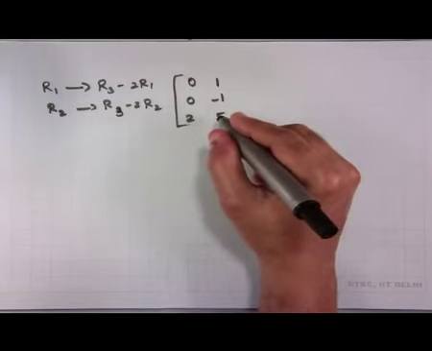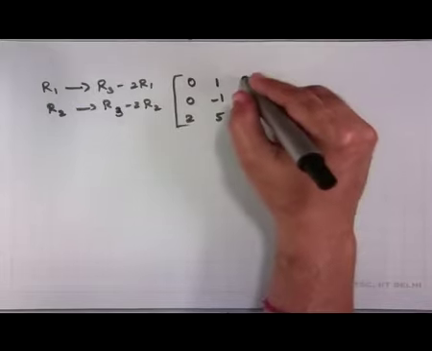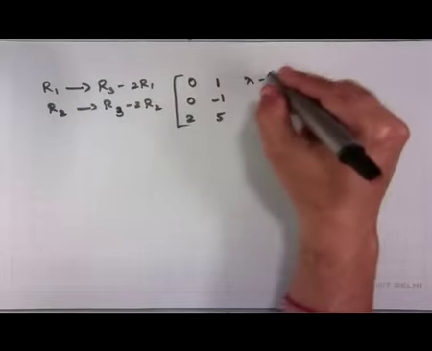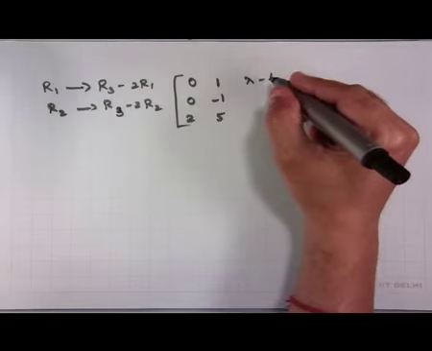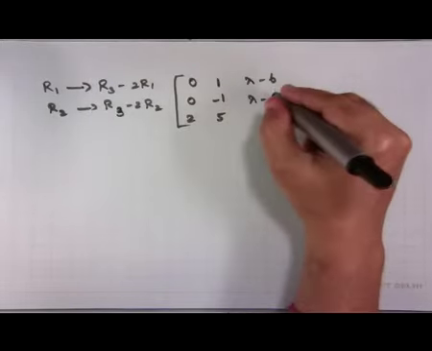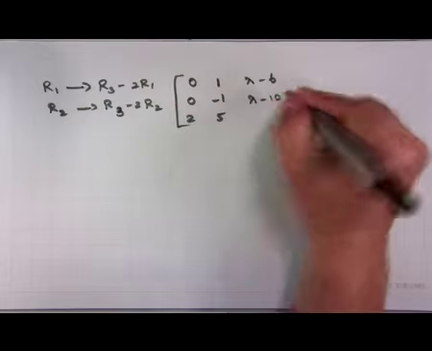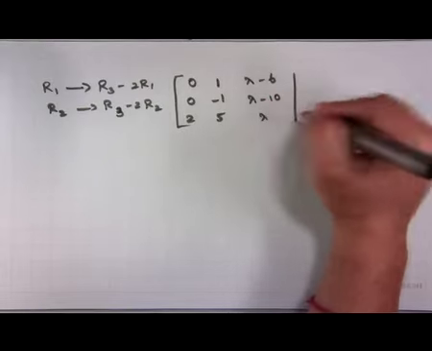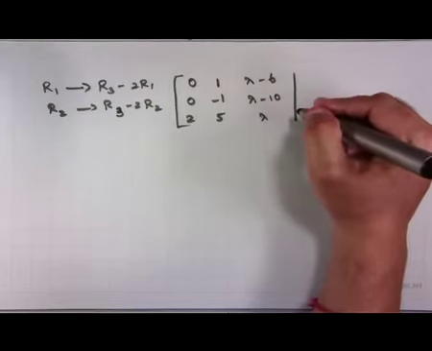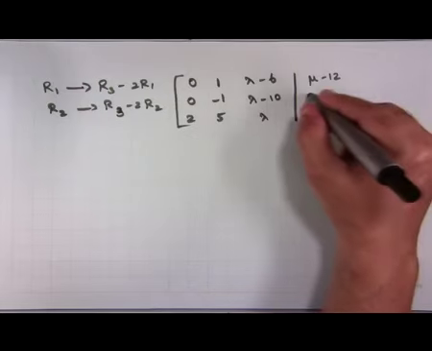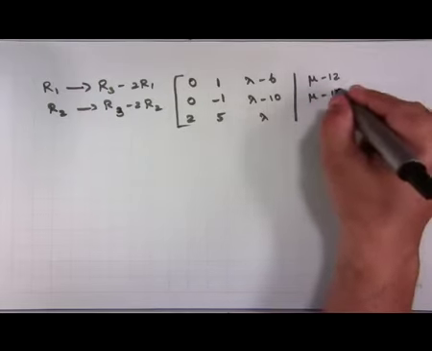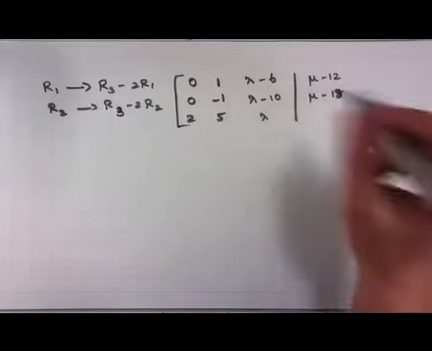Lambda minus 3 into 2, which is lambda minus 6. Last one, mu minus 2 into 6, which is mu minus 12, mu minus 9 into 2, which is mu minus 18, and then you have mu.